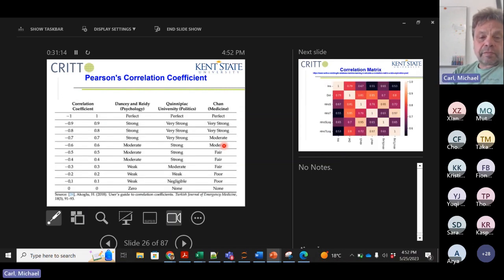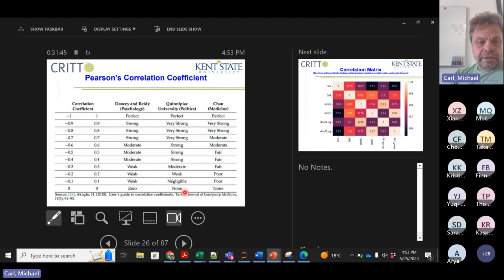So perfect correlation would be, of course, a 1 or a -1. And then if we go into psychology or sociology, perhaps, a strong correlation would be 0.7, moderate until 0.4, and then we would have weak correlations, and so on.